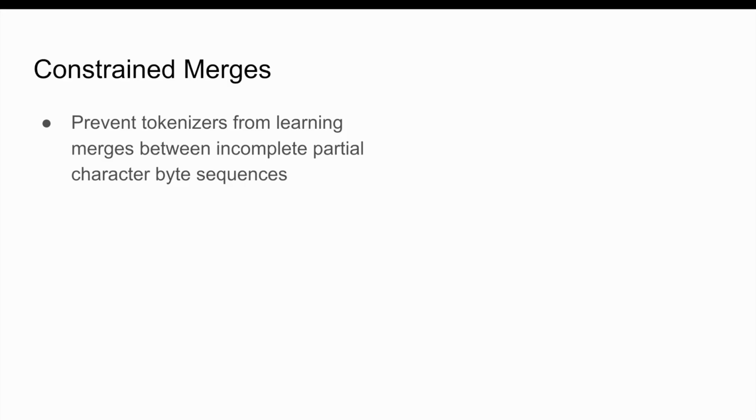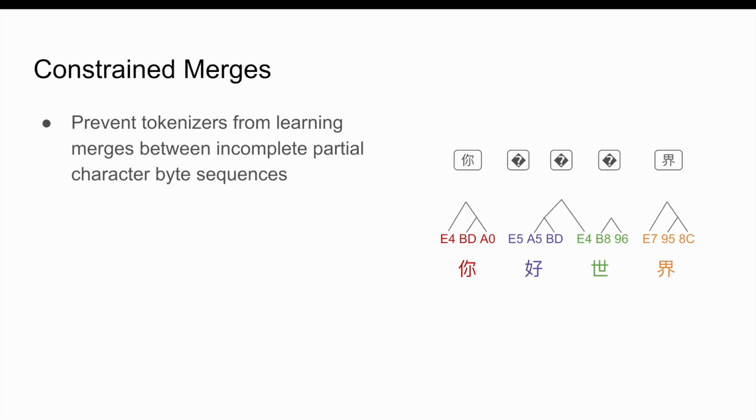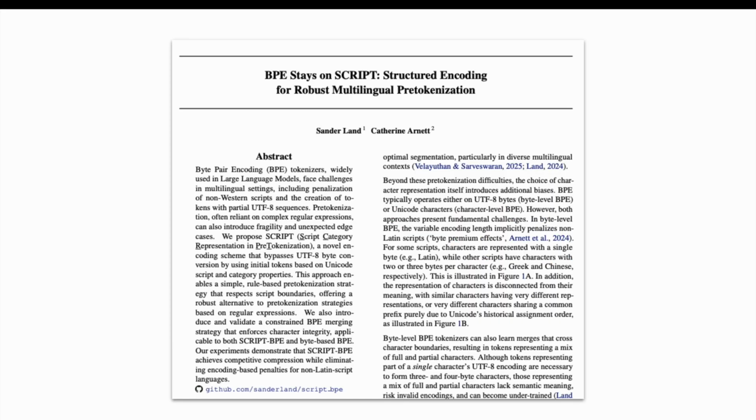Going back to the examples we were talking about before, we want to constrain the merges that the tokenizer can learn to prevent it from learning merges that lead to these incomplete partial UTF-8 sequences. So going back to this example from Chinese earlier, we want to prevent a tokenizer from learning merges across those character boundaries that lead to these undecodable sequences. That's the motivation behind this paper.